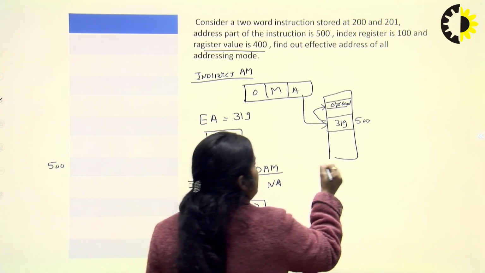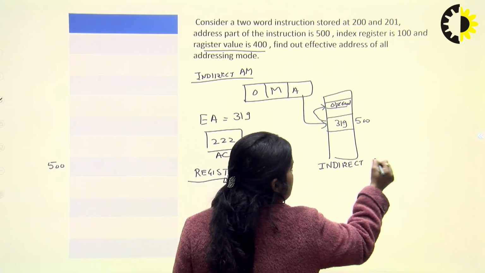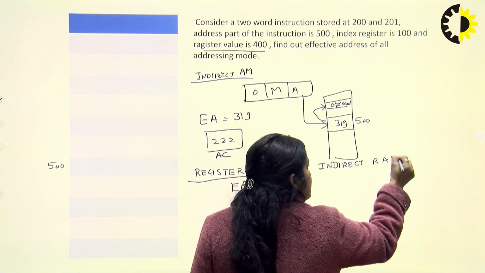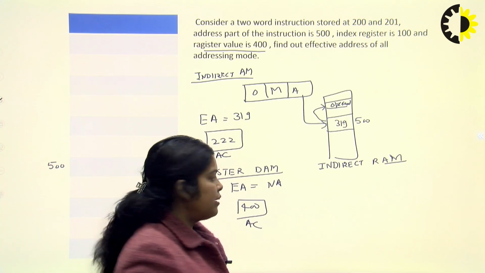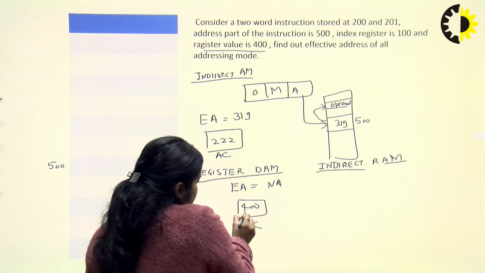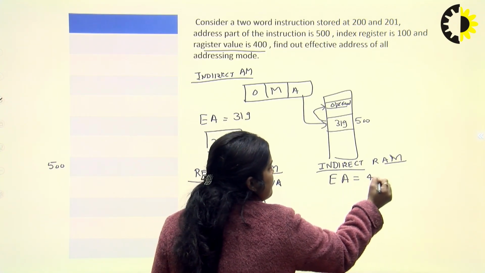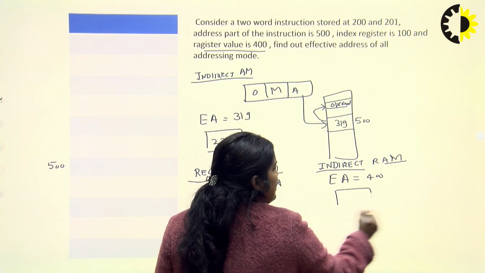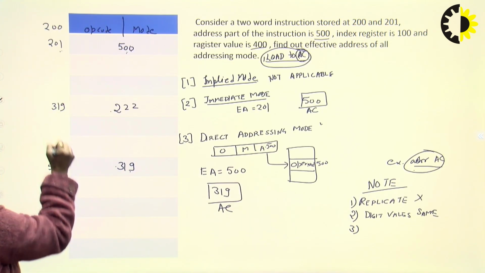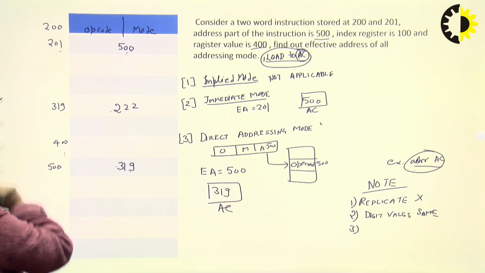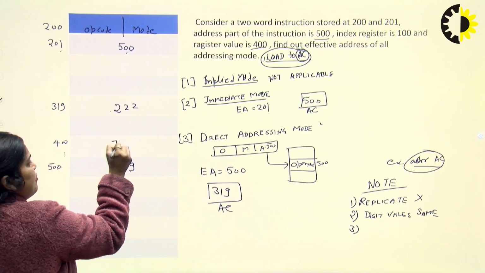And in the indirect register addressing mode, the effective address is 400, and suppose at that 400 there is a value stored as 712.